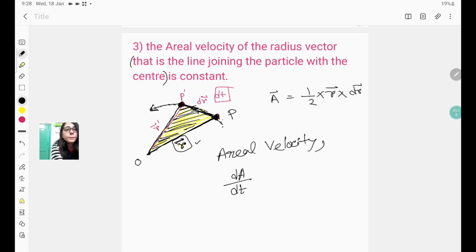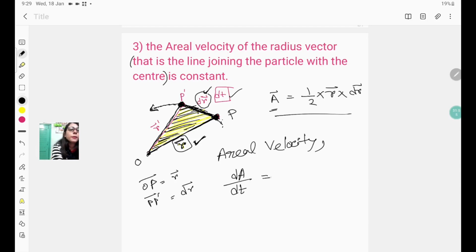The area swept out by this radius vector r in time dt is A equal to half r cross dr. dr is the distance PP', and r is the distance OP. OP is equal to r and PP' is equal to dr. So half r cross dr should be the value of A.